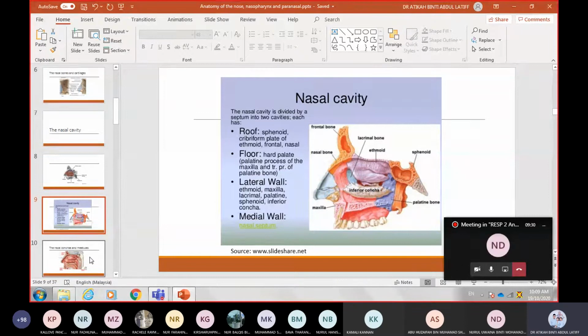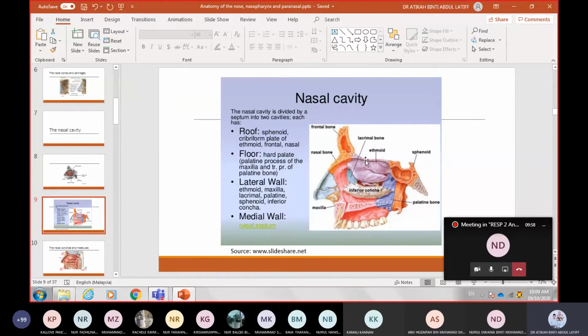Okay, so what else can we find in the nasal cavity? We have two nasal cavities, right? One left and one right. So it consists of the roof, the floor, lateral wall, and medial wall. The medial wall, of course, is the nasal septum that divides the two nasal cavities. Okay, the roof is formed by, this is the sphenoid bone here, and then this is the cribriform plate of the ethmoid.